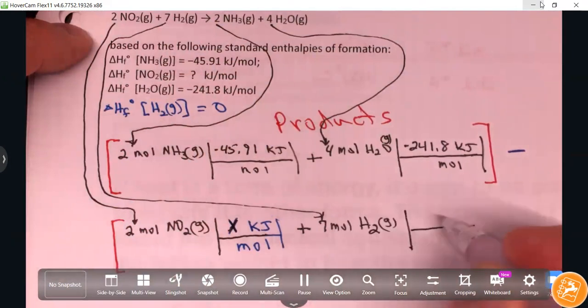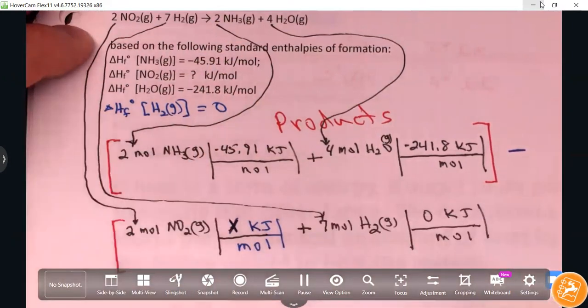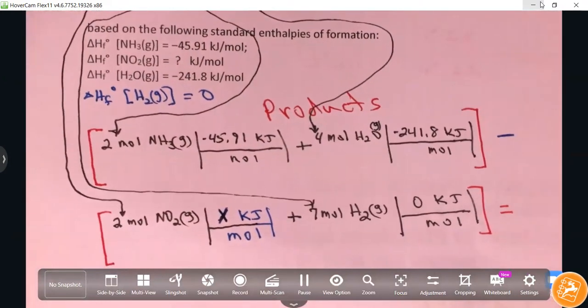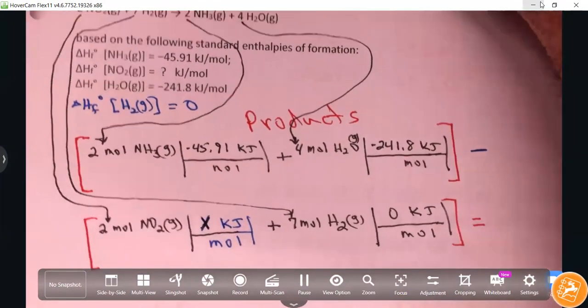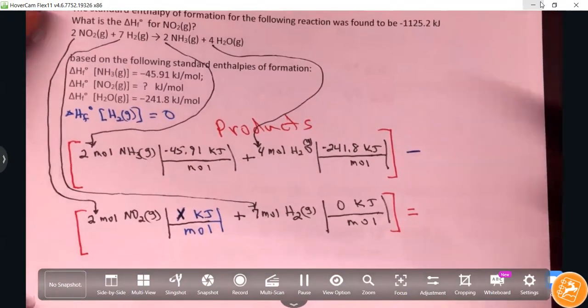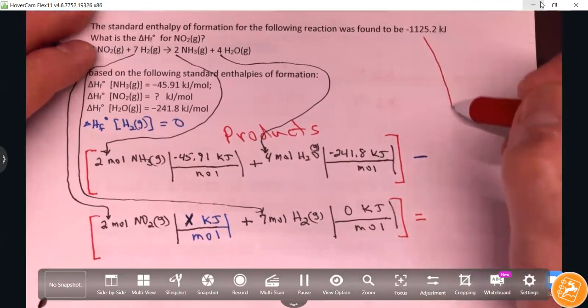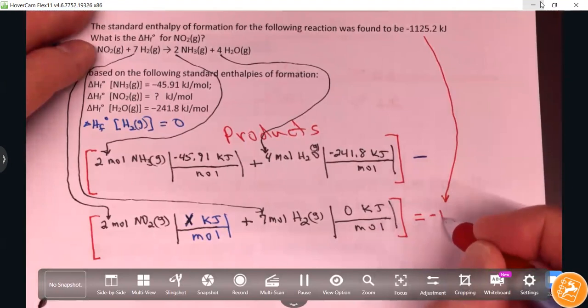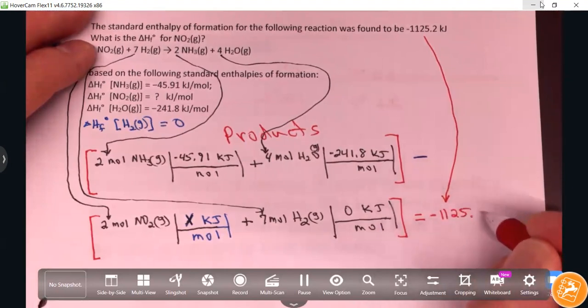This is the standard state, so this is 0 kilojoules per mole. Now, we know how much energy we would get out of this, and that is given to us up here as negative 1125.2 kilojoules.